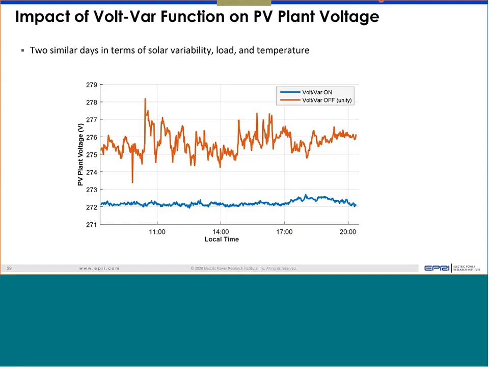This is the expected behavior: VOLVAR should effectively reduce variability and also reduce the voltage. But we have numerous examples where something else on the feeder dominates more than the reactive power from the plant, and we didn't see any clear conclusion. But this is an example of it working perfectly, and what you can expect to see.